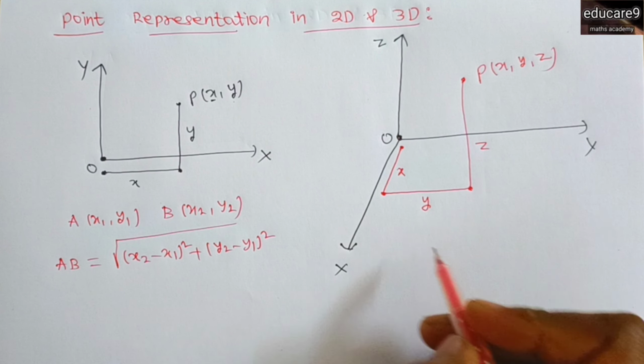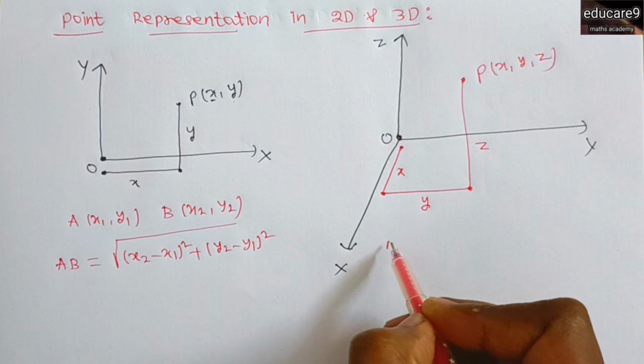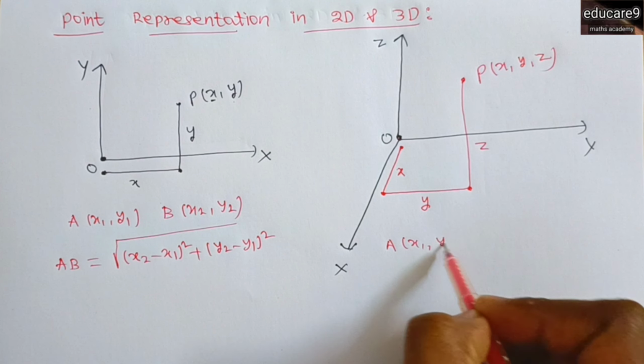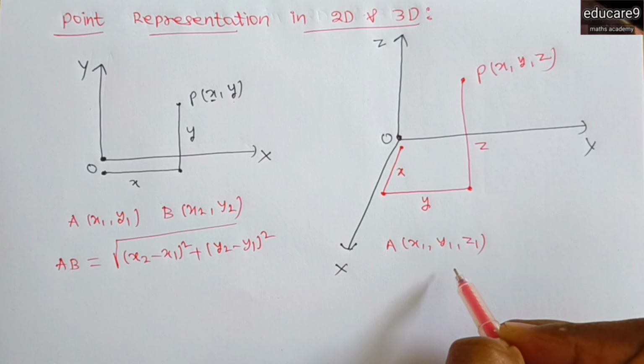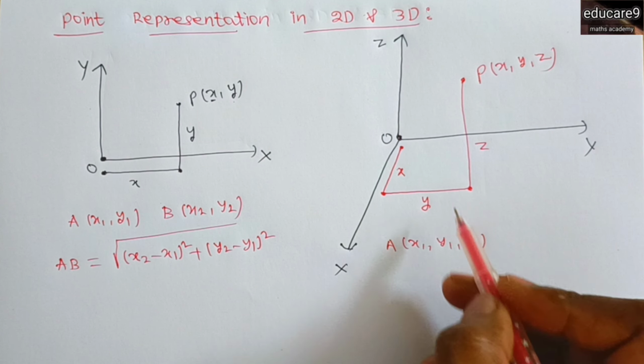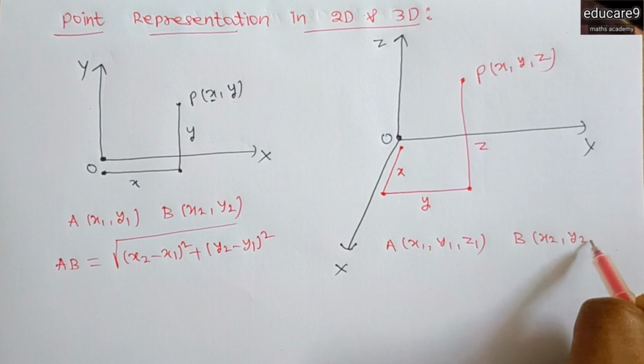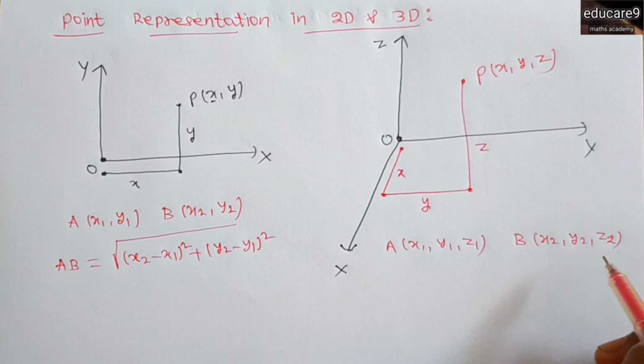But in 3D, the point A is (x1, y1, z1), because we have 3 axes in 3 dimensional, and the point B is (x2, y2, z2).